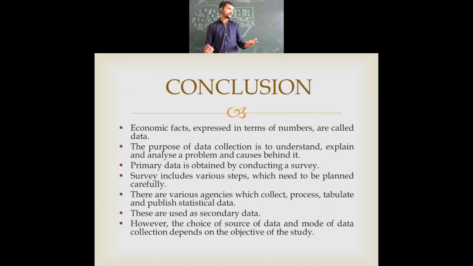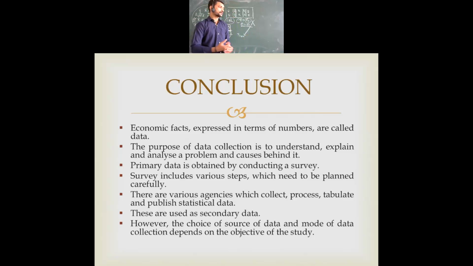Then primary data is obtained by conducting the survey. Obviously, we came to know how the primary data has been collected over here, the survey. Then the survey includes several steps on how to collect the information by framing the questionnaire, which needs to be planned carefully, and asking the questions.